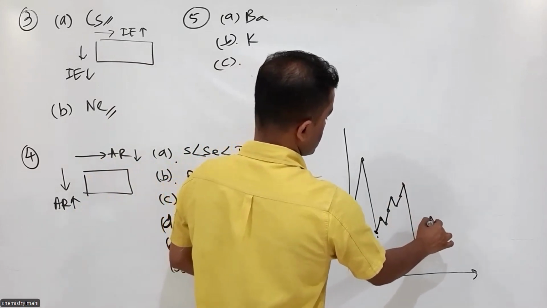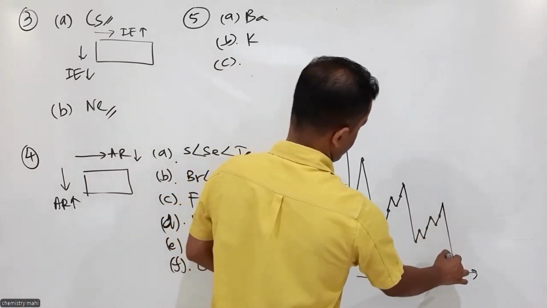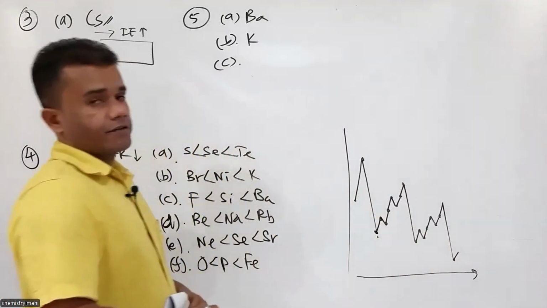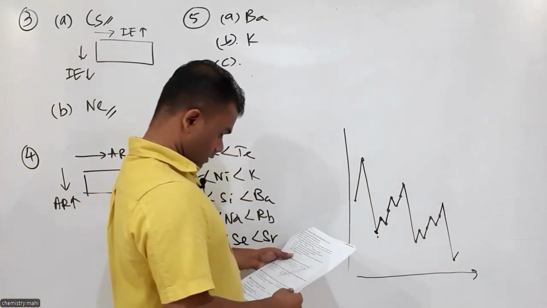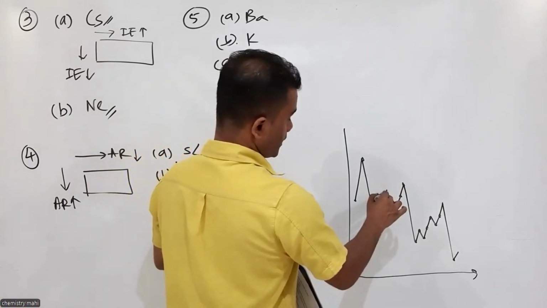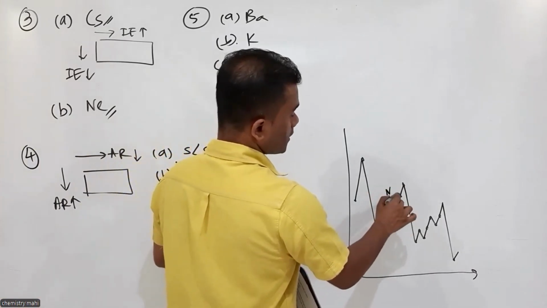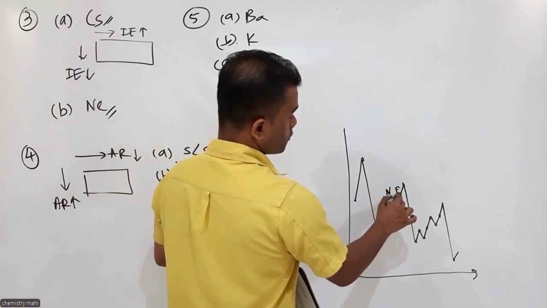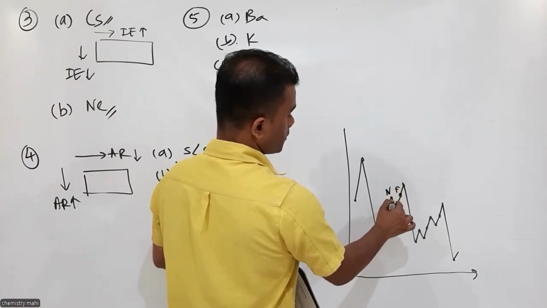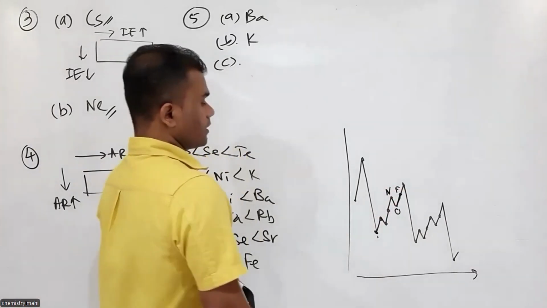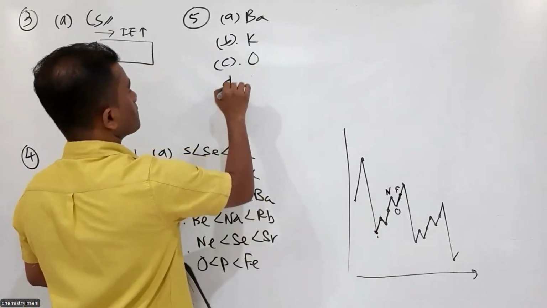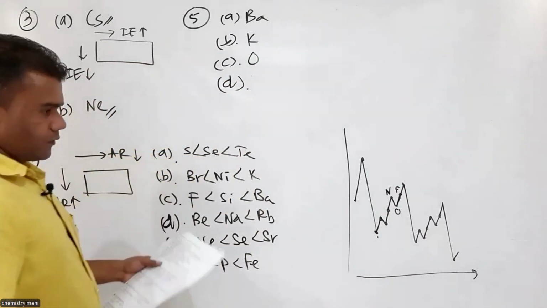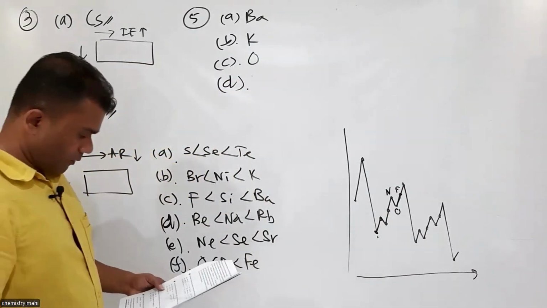It's like this, from hydrogen to calcium. Where do you place oxygen? Nitrogen here, oxygen here, fluorine here. The fluorine should be slightly higher than nitrogen. Right? Then they ask for the lowest. According to that, it should be oxygen. Oxygen is lowest.